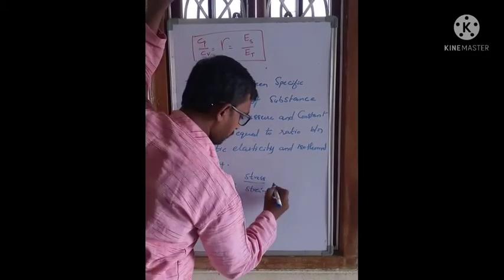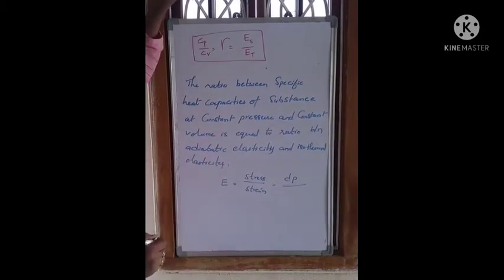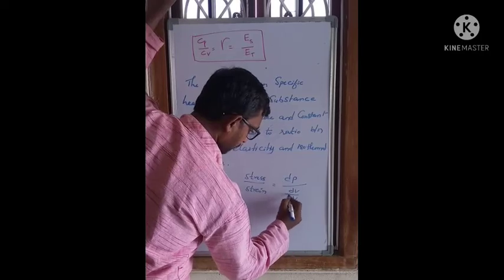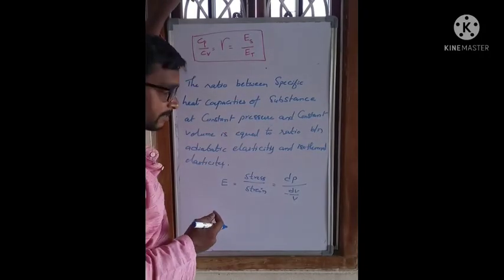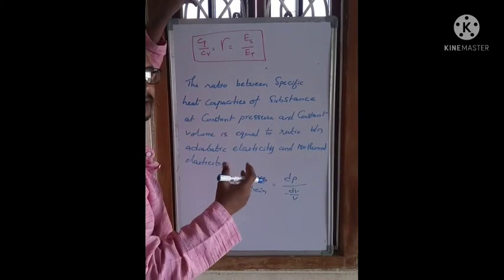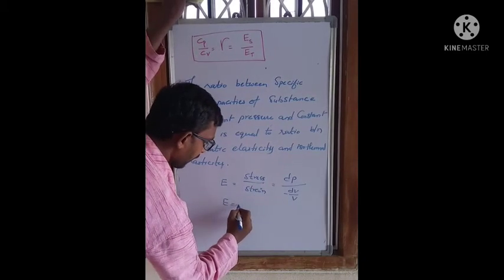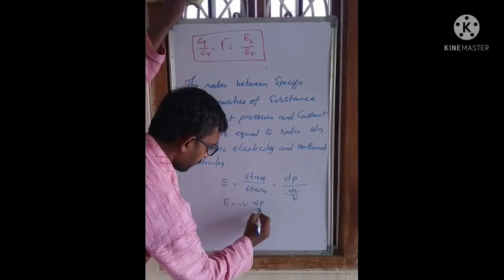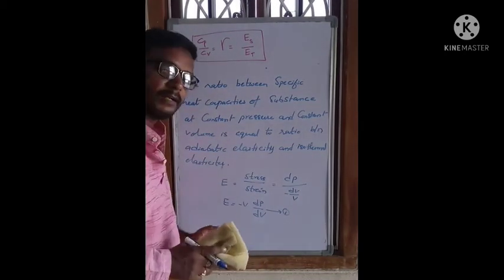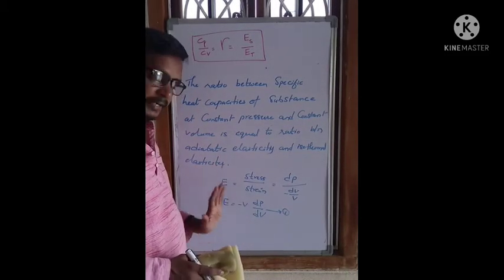Stress can be written in terms of pressure, dP, and strain is dV, change in volume by actual volume. The minus represents that when pressure is applied on the substance, its volume decreases. So E equal to minus V into dP by dV. Let us assume this is equation number 1. This is generally the elasticity equation, E equal to minus V dP by dV, right?